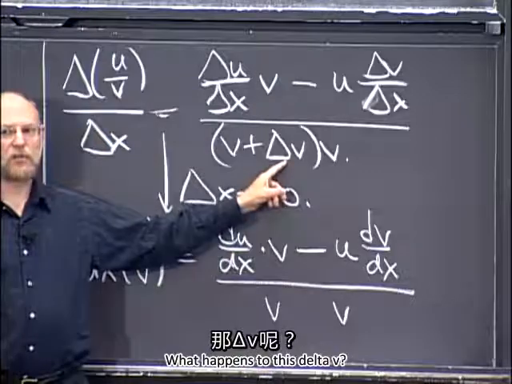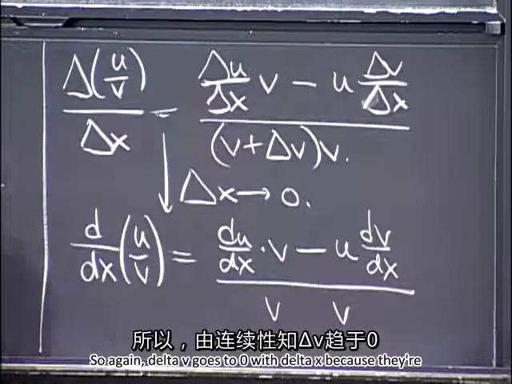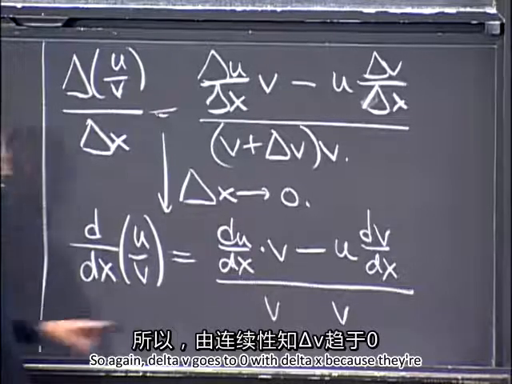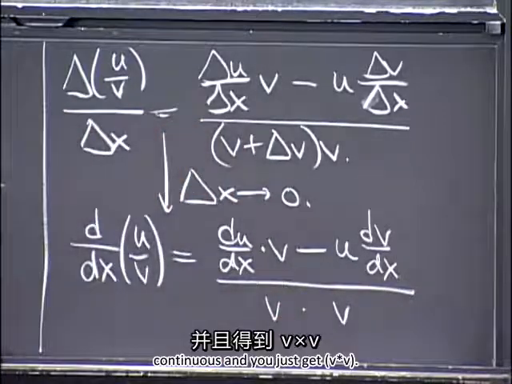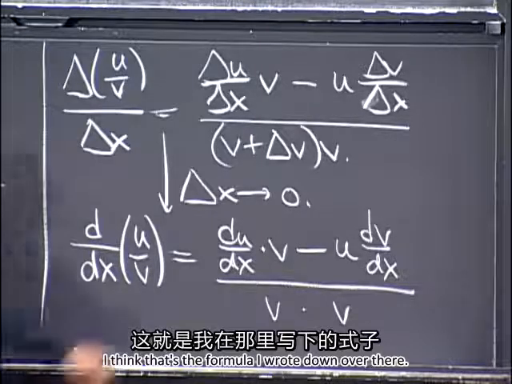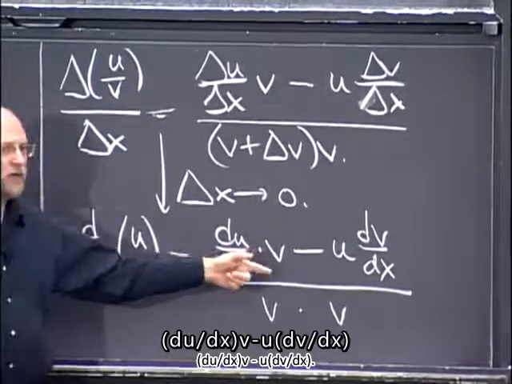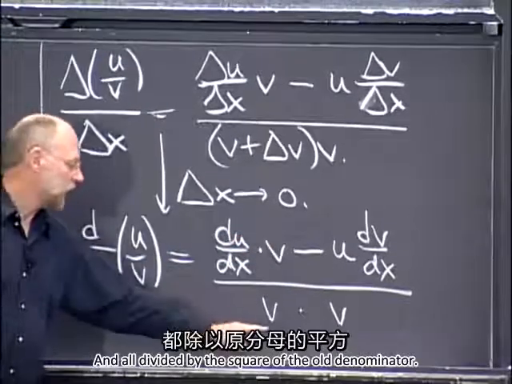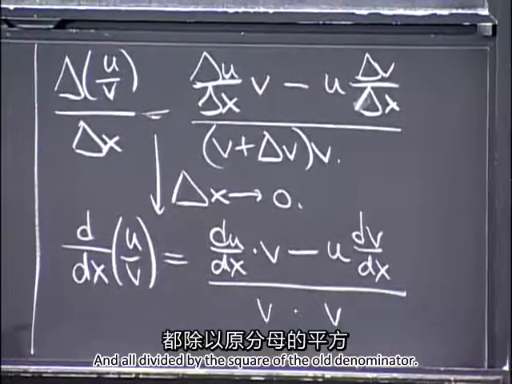What happens to this delta V? It goes to 0 again because V is continuous. So again, delta V goes to 0 with delta x because they're continuous, and you just get V times V. I think that's the formula I wrote down over there. The derivative of U times V minus U times the derivative of V, and all divided by the square of the old denominator. Well, that's it. That's the quotient rule.